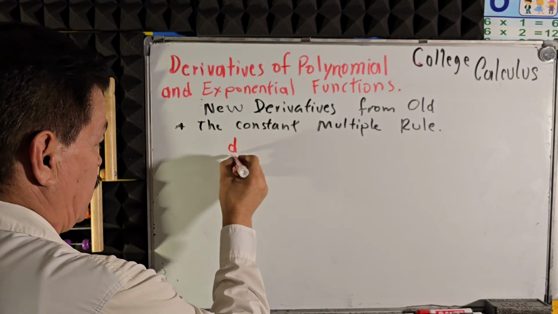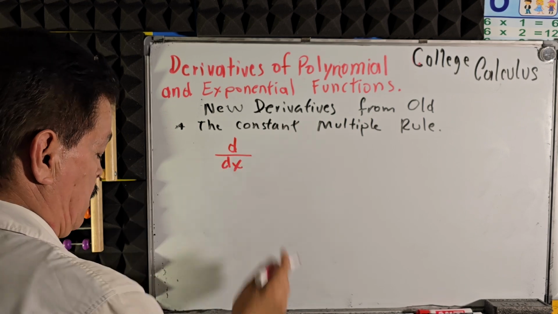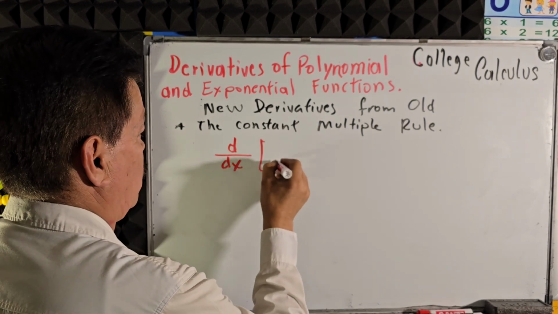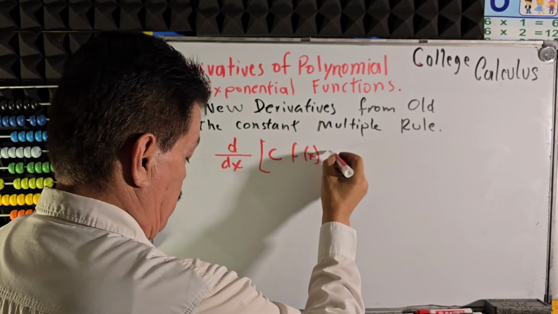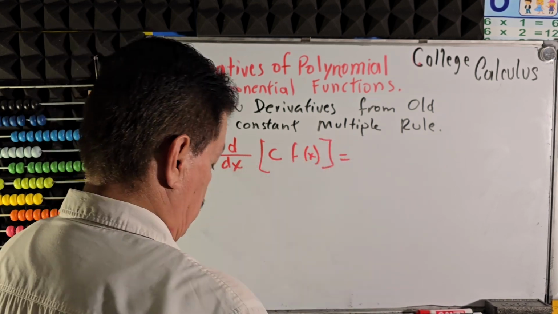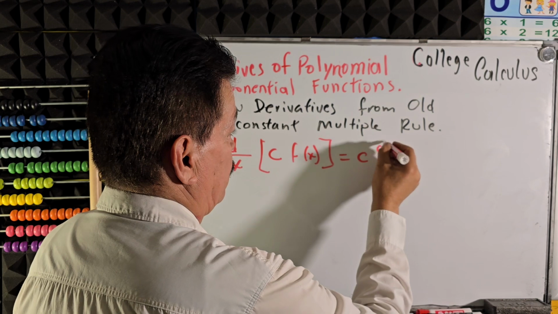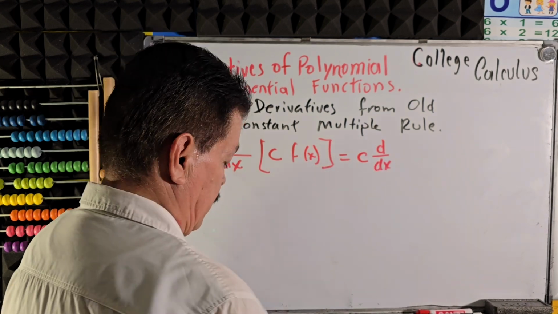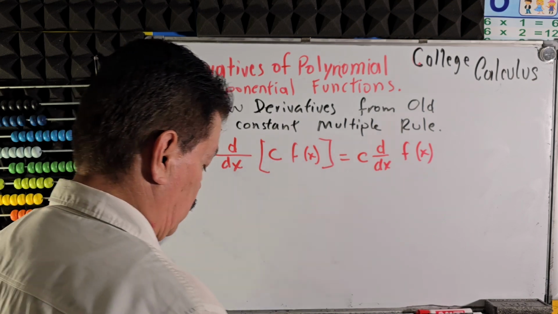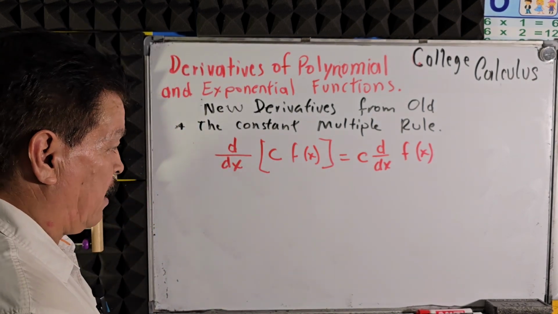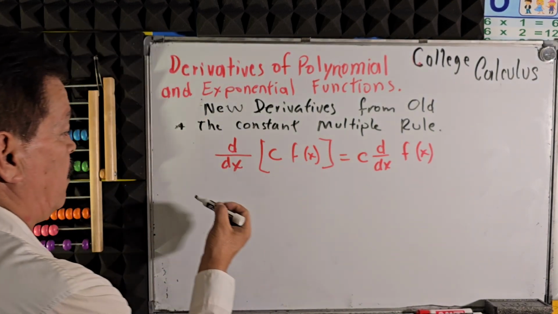d divided by dx, and then we have our constant right here, c times f of x equals c times d divided by dx of f of x. Okay, that's the rule. So let me show you a problem here.